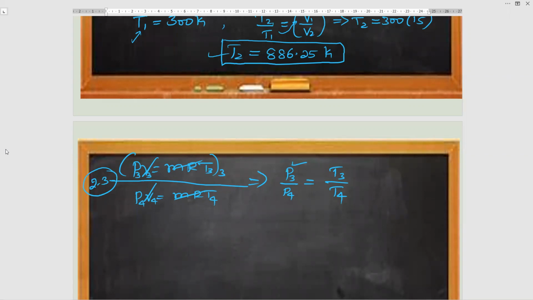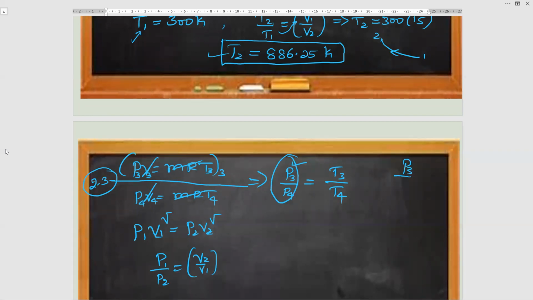One more. We know the process 1 to 2. 1 to 2 is what type of process? Isentropic. One more equation you can apply for isentropic: P1 V1 to the power of gamma is equal to P2 V2 to the power of gamma. So here V1 by V2 is given, in terms of P1 by P2. I am trying to find out the value of these two. We know the ratio P3 by P1. Understood?